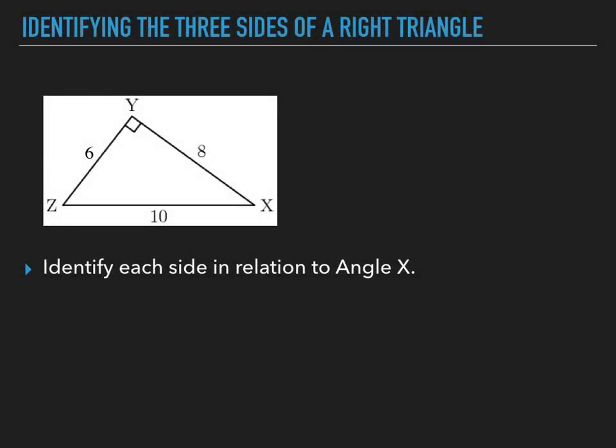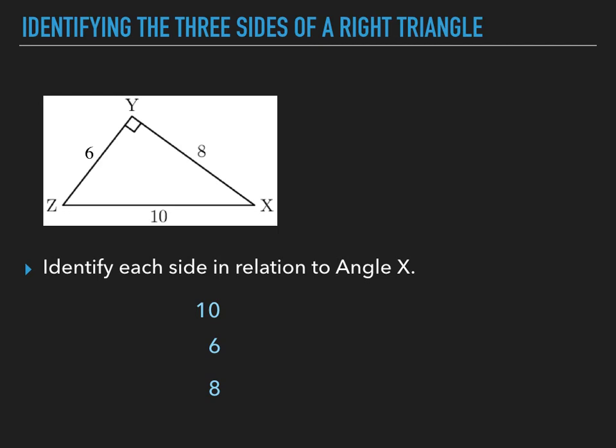All right, let's take this same picture, but this time we're going to identify each side in relation to angle X. We'll start with the number 10. Then we'll go on to the number 6, and then we'll look at 8. So what is 10 in relation to angle X? 10 is going to be the hypotenuse, right?